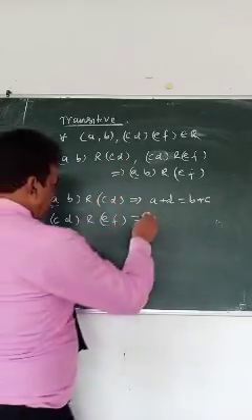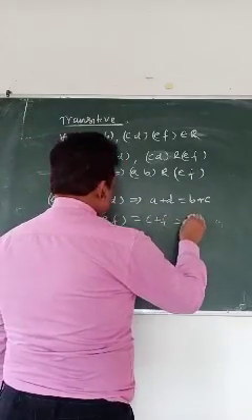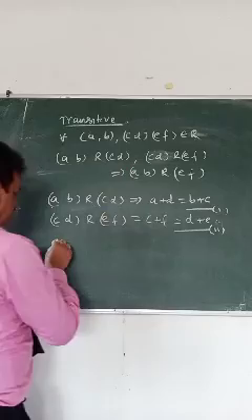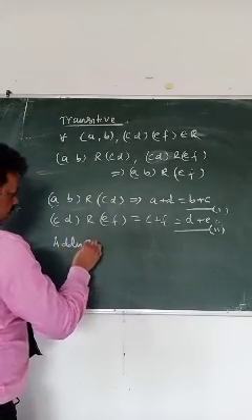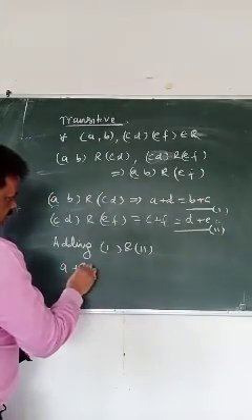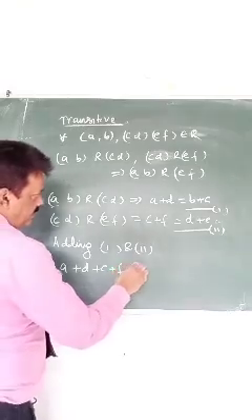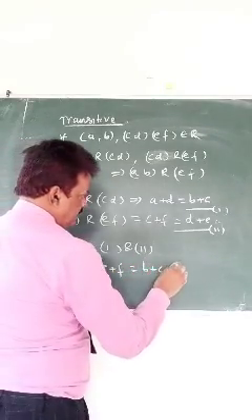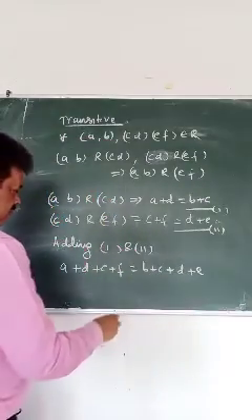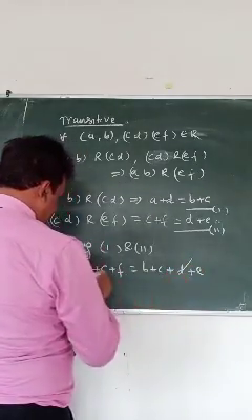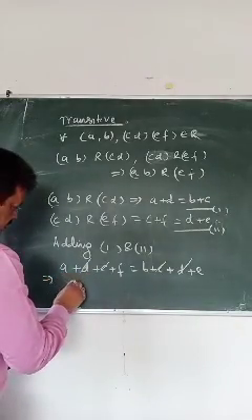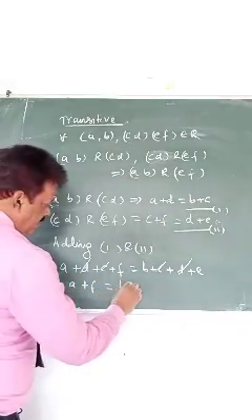C plus F equals D plus C. This is equation number 1. Equation number 2. Adding 1 and 2, you will get A plus B plus C plus F, B plus C plus D plus E. So what gets cancelled? D is gone, C is gone. What is left out? A plus F, B plus C.